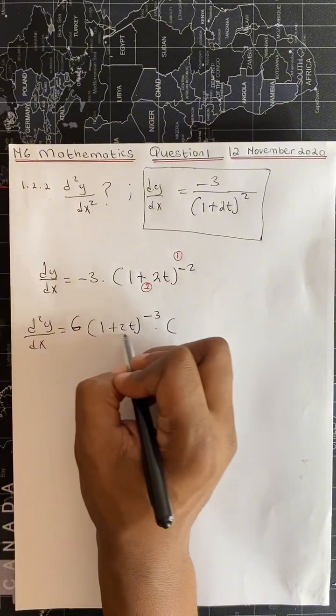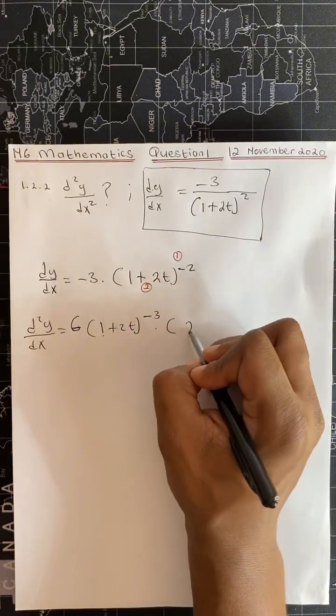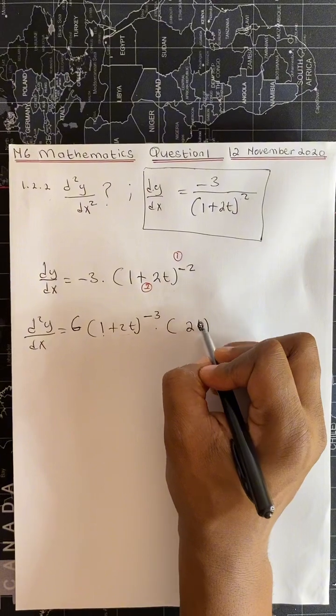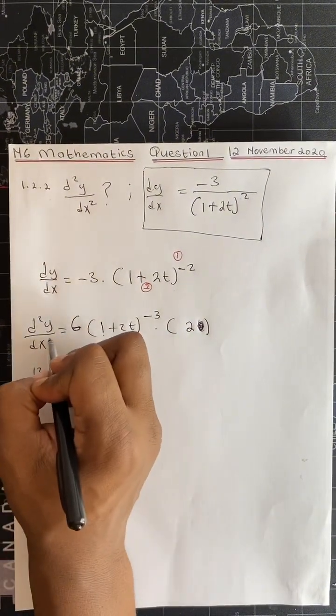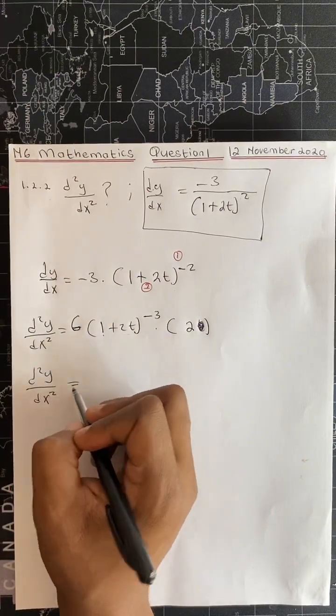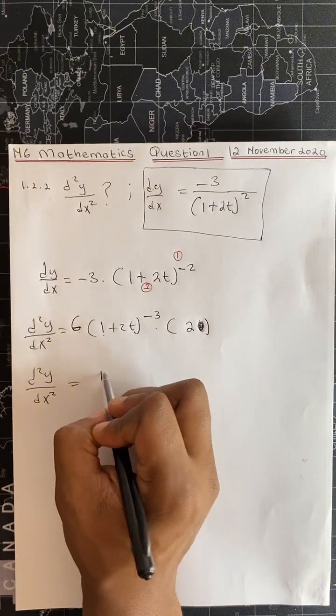And now we differentiate what's inside the parentheses. The derivative of 1 is 0. The derivative of 2t is equal to 2 alone, not 2t. And 6 multiplied by 2 will be equal to 12.